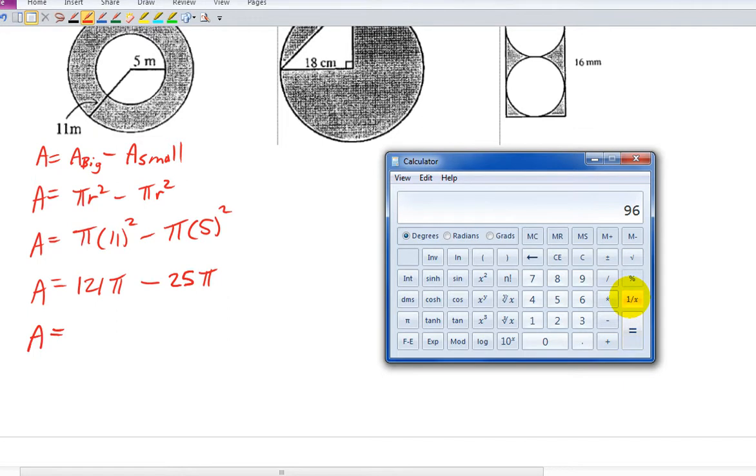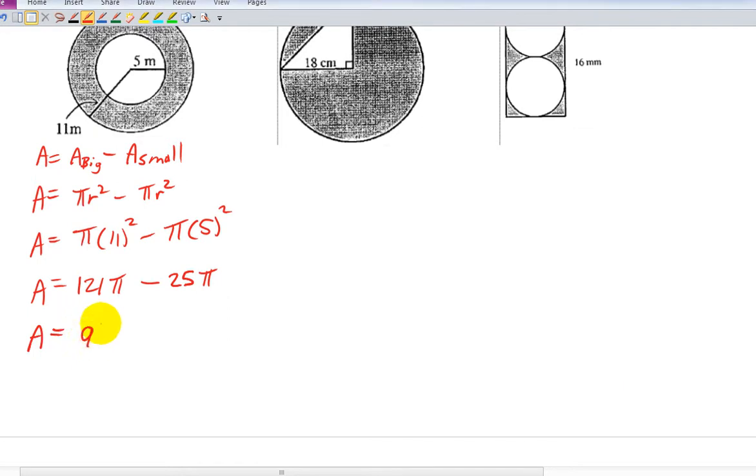So you would have 96 pies left over. Does pie change? No. A pie is a pie is a pie. Okay? That's your answer, 96 pi. And that would be meters squared. Now, if I want a decimal, I'd say round to the nearest tenth or round to the nearest hundredth. But I want the exact answer, which is 96 pi.